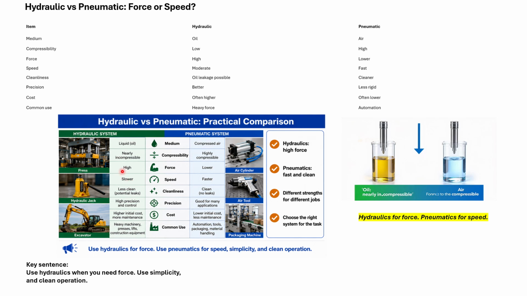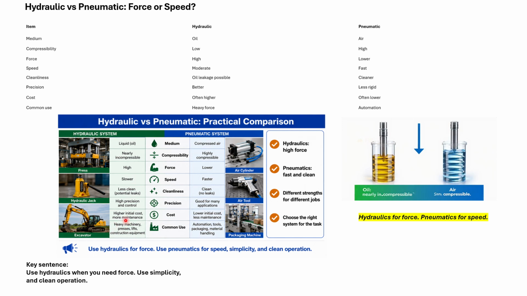Hydraulic force is higher, pneumatic force is lower. In speed, hydraulic is lower and pneumatic is fast. Hydraulic is less clean, meaning potential leaks. Pneumatic is clean, no oil leaks. Hydraulic offers high precision and control. Pneumatic is good for many applications.